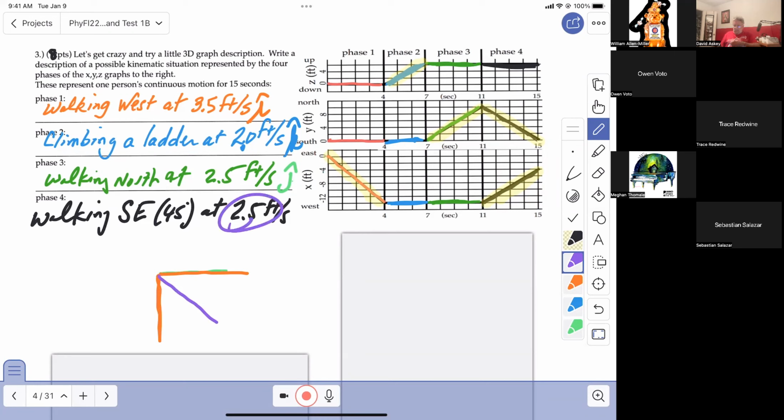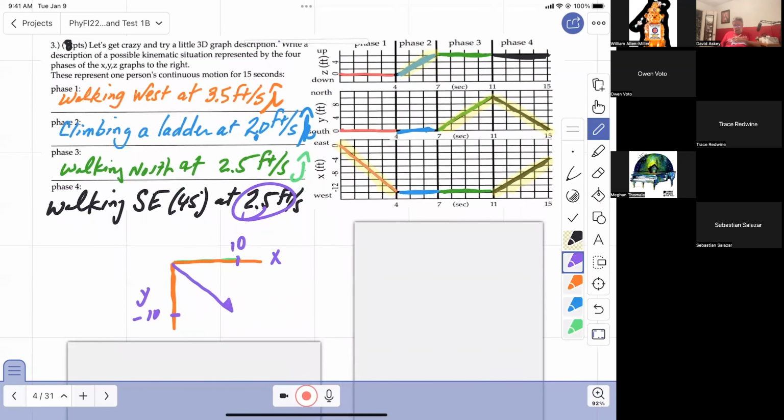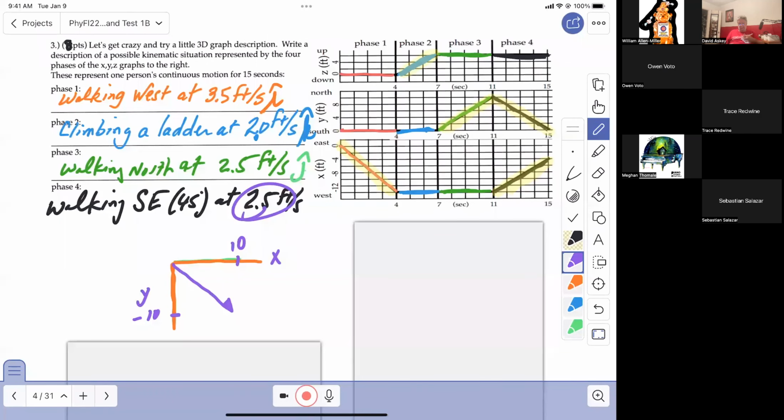It looks like we go -10, maybe not, and we go +10. So that is us, right? Oh, so that is for X and Y, where we're at, but that's the position vector or the displacement vector.